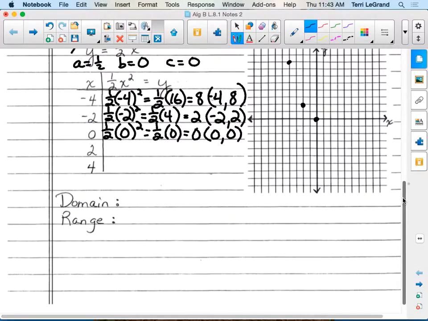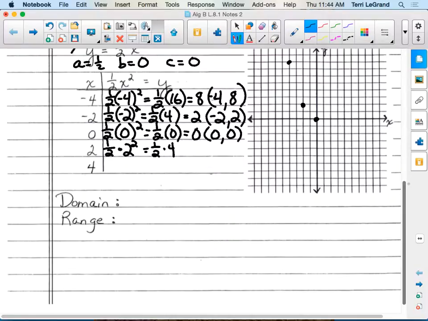Okay, now we have positive 2 for our x value. Now, I'm just going to show you what I'm talking about when I say when you can not use parentheses. This is a positive number that's being squared, so we can really write it like that. You cannot do that with a negative number, though. So 2 squared is 4. So 1/2 times 4.